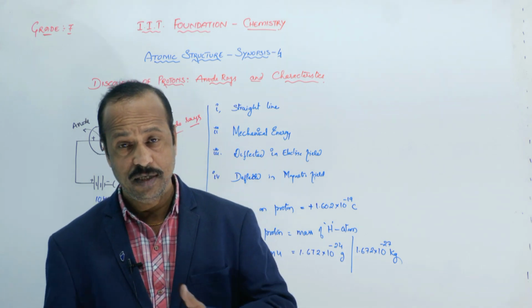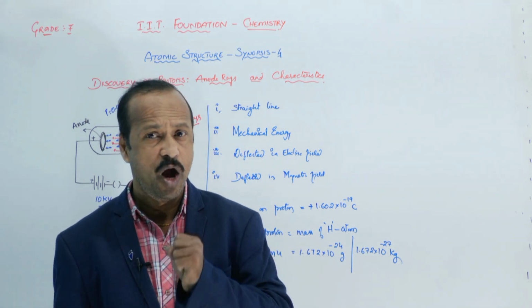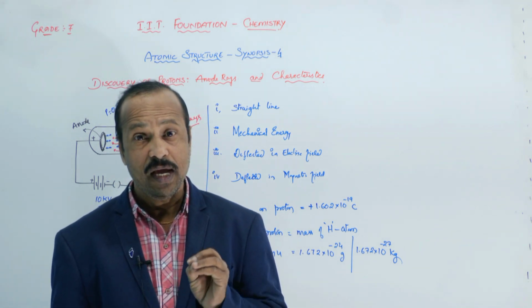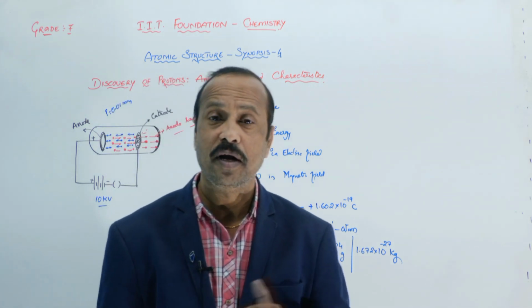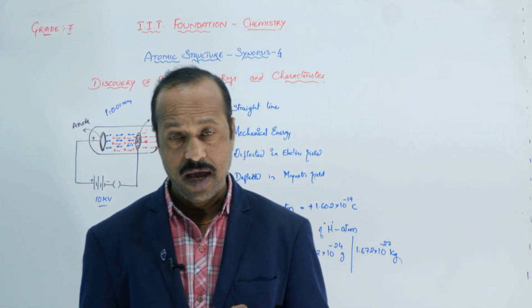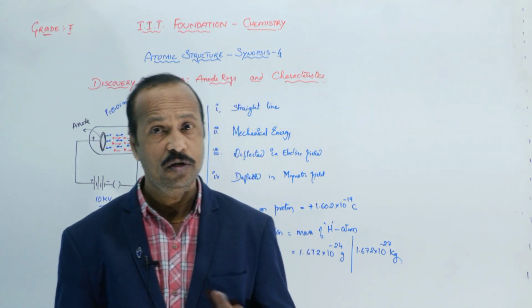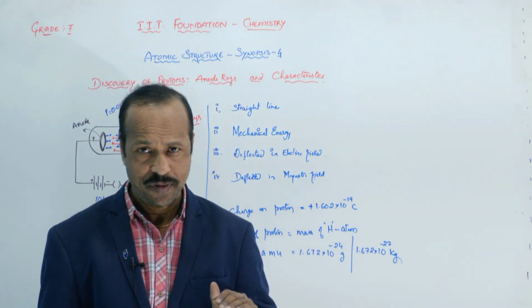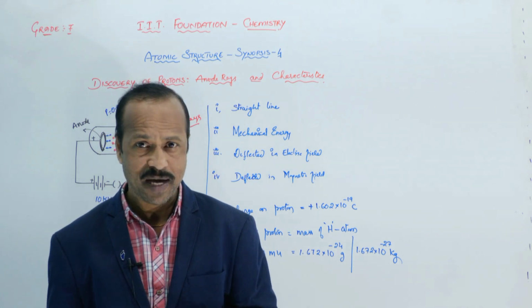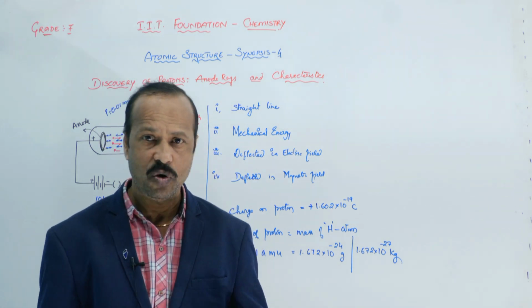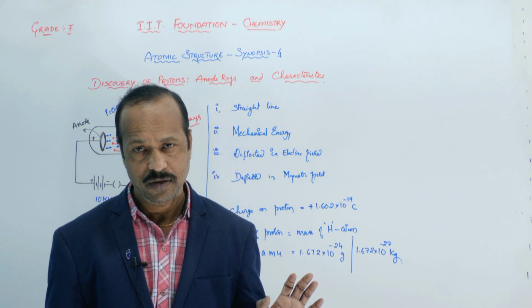It means how the atom is present, what particles are present in that atom, and where these particles are present in the atom. That distribution of the charge and mass in an atom is called the atomic model.